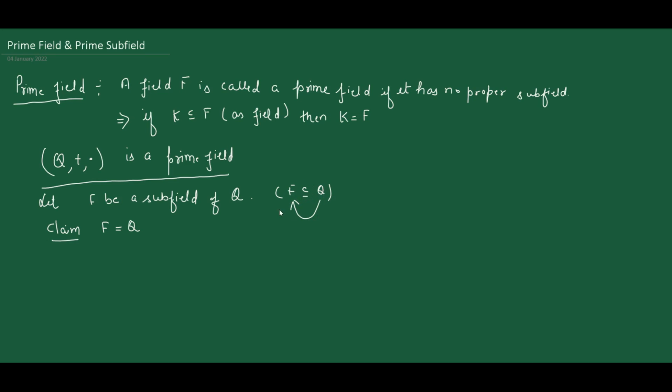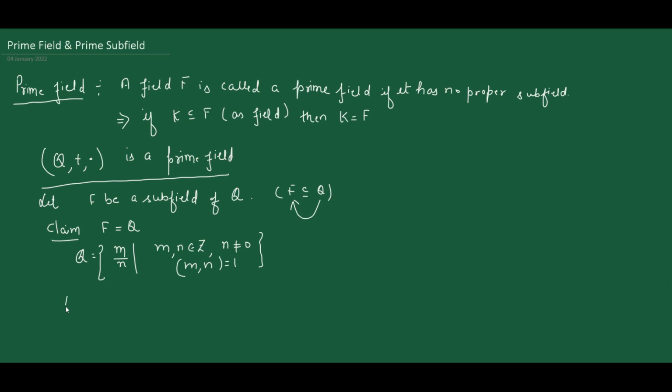We have to show that Q is contained in F. So for this we choose an element from Q. The elements of Q are m by n, where m and n are integers, and n is non-zero, and in reduced form the GCD of m and n is 1. So these are the representations of rational numbers.